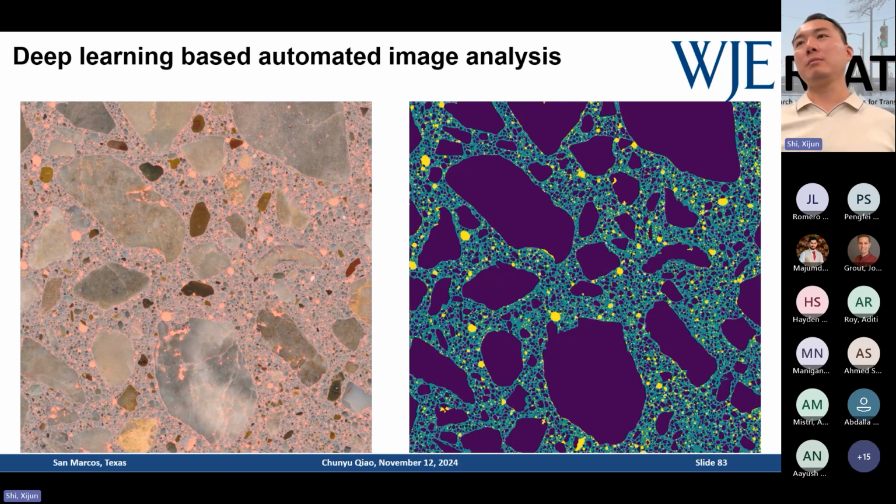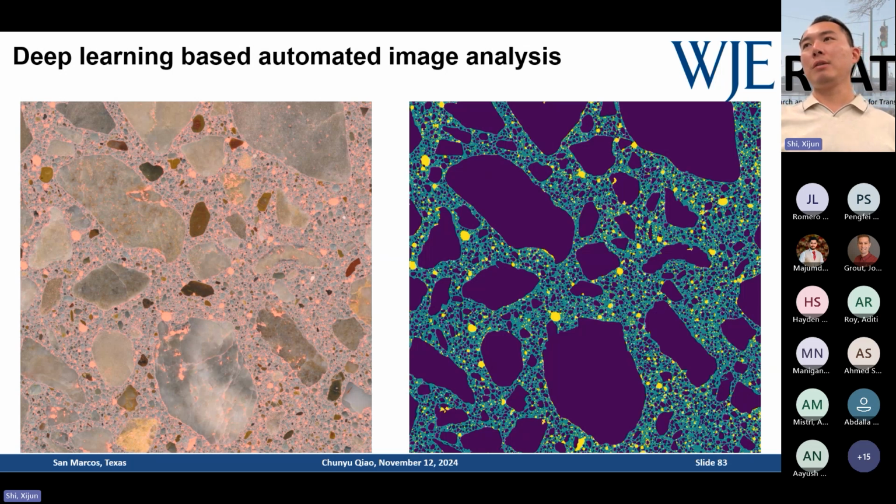And you see there are some imperfections or spaces in the limestone particles, filled with some pink powder. We don't want to count those imperfections with the pink color. So with machine learning, they can learn what is a real air void and what is an imperfection filled in aggregates or in the paste.